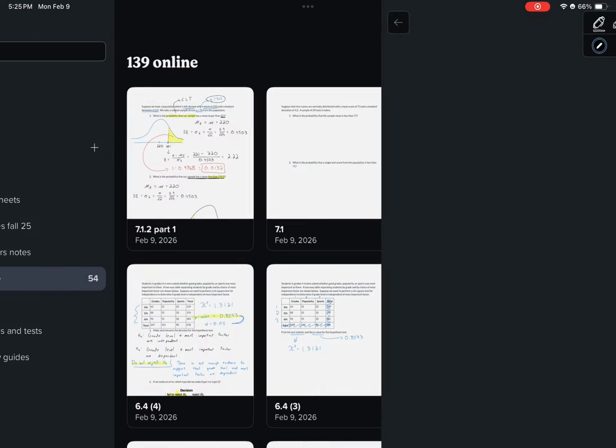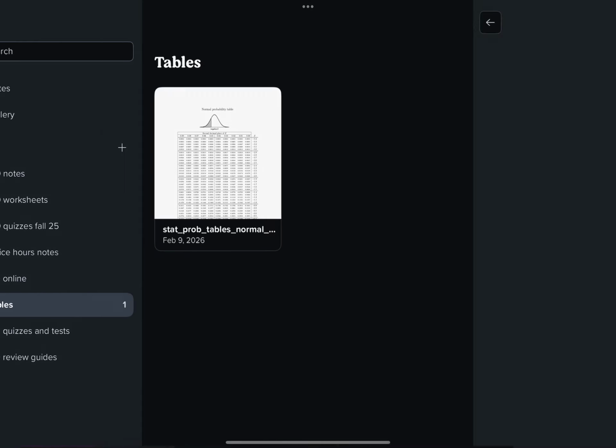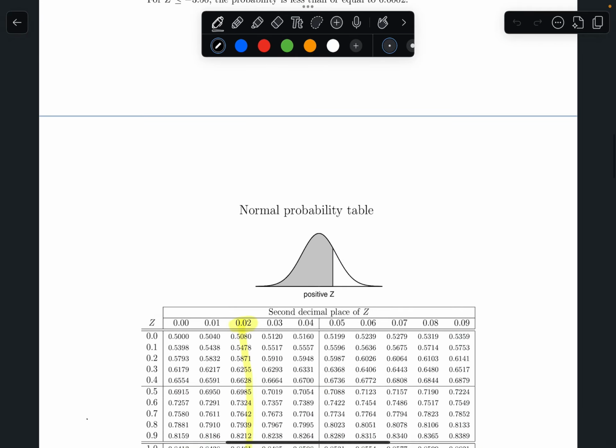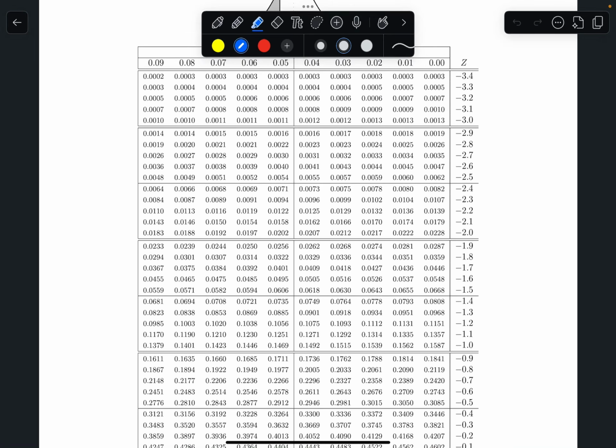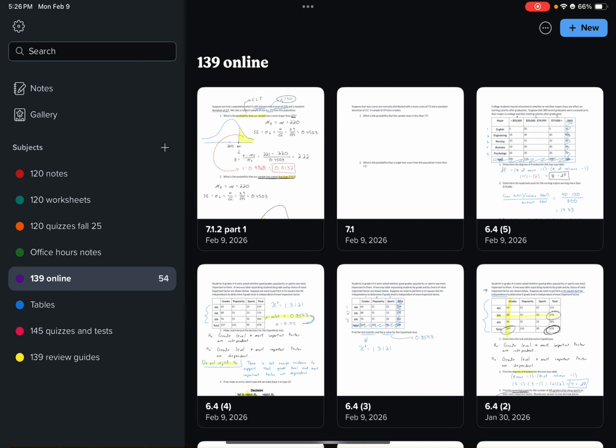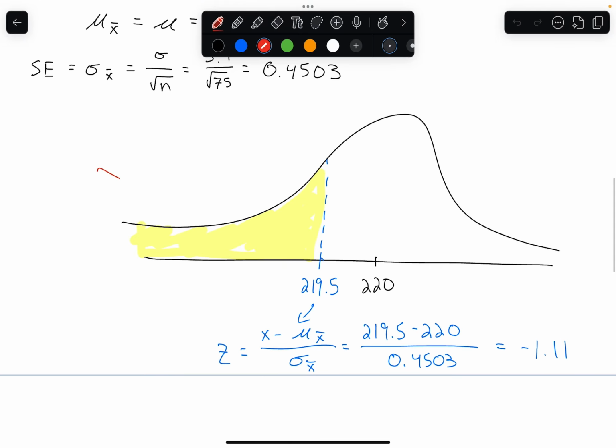Just the number that I see is the number that I want. So we're going to look for negative 1.11 in my table. So we're going to scroll over to the negative z-scores. So here, negative 1.1, we must be looking at this row right here. Second decimal place is a 1, so this is the column that we want. So the number that we're interested in is 0.1335. So our probability here, the probability that our sample mean is less than that value, is 0.1335.